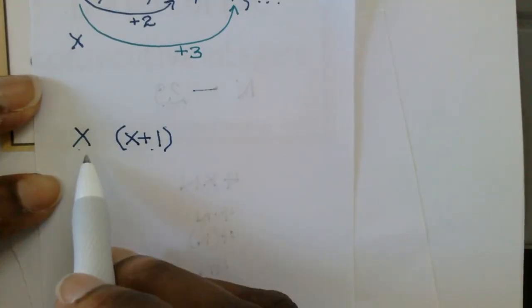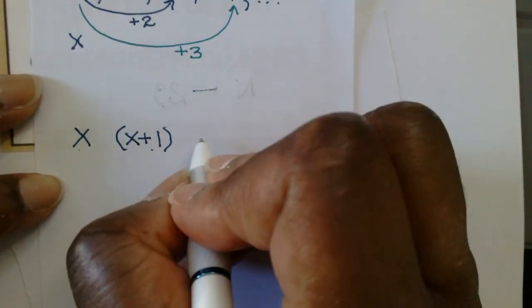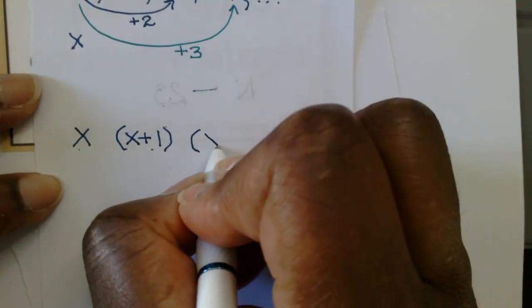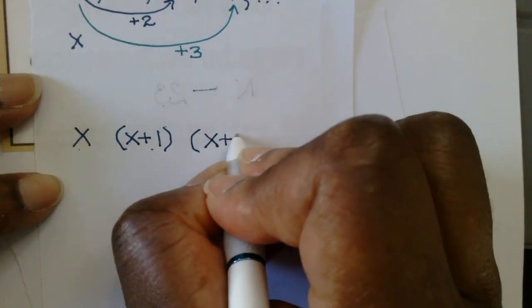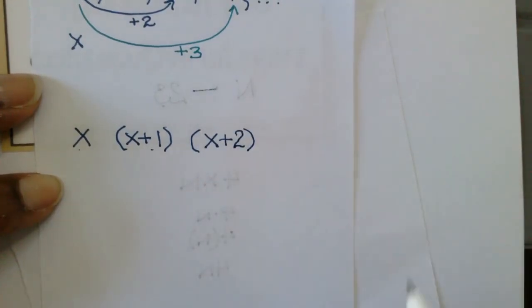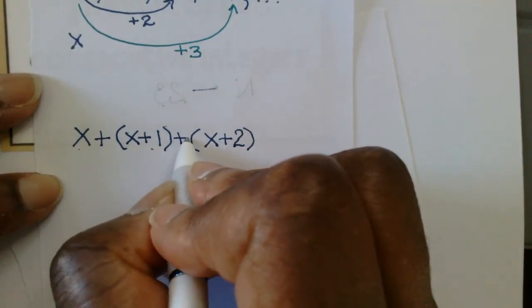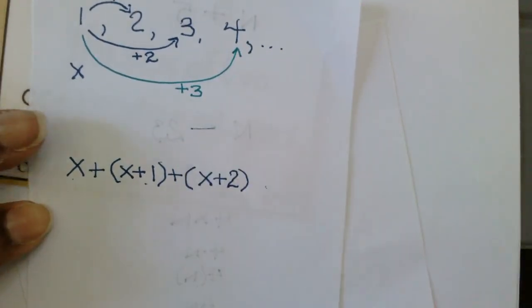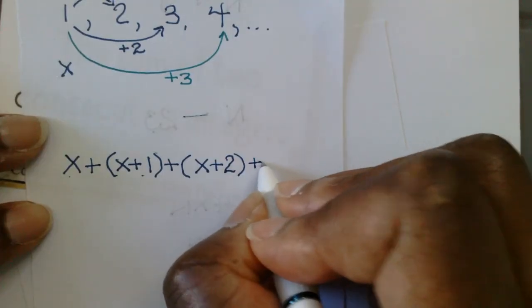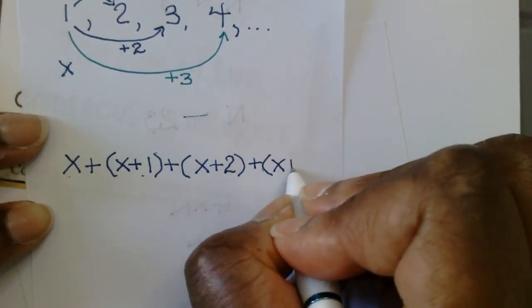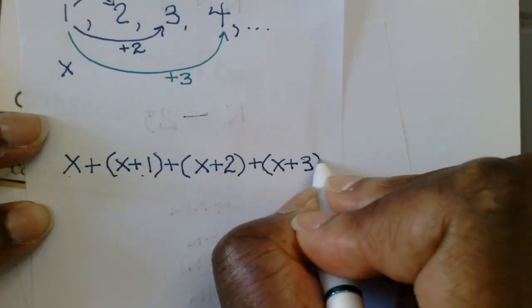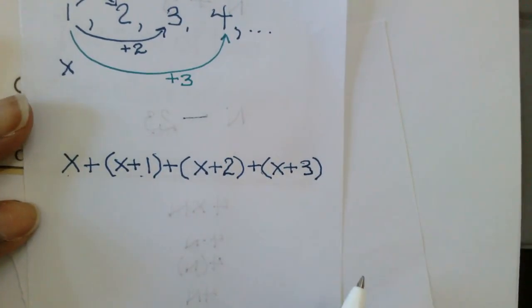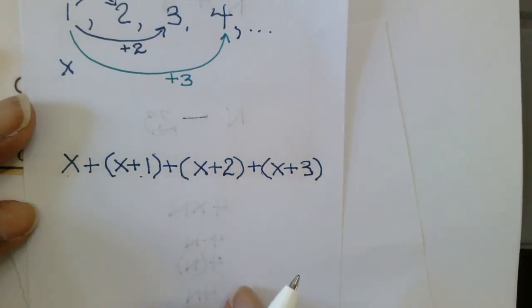In order to get to the next number, I have to add my first number, and I'm adding 2. And for me to get to my next number, which is the 4, I had to add 3. This works for all numbers.